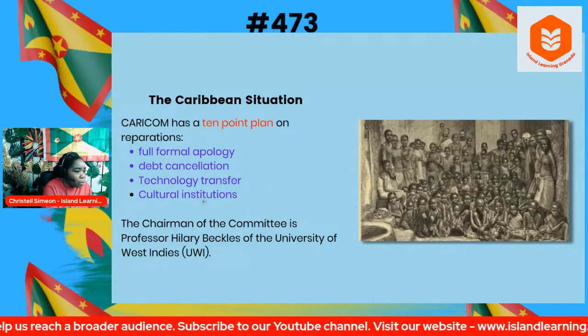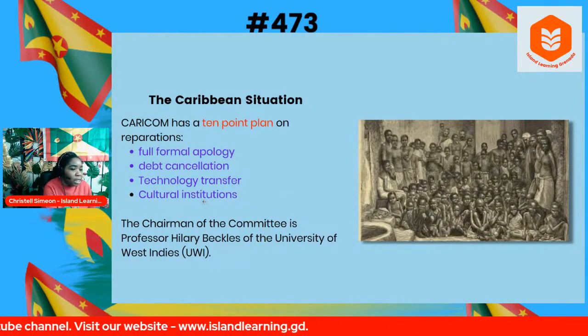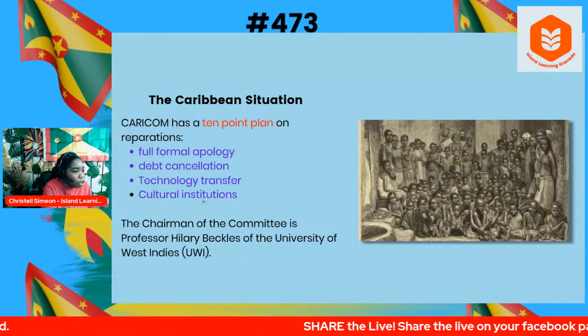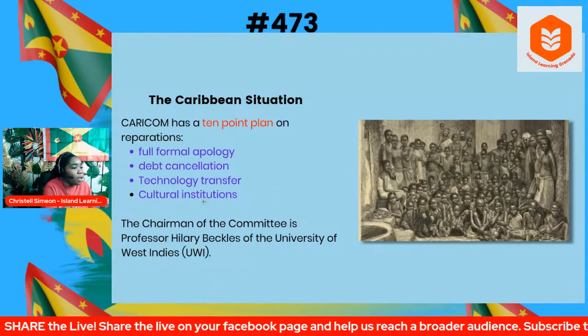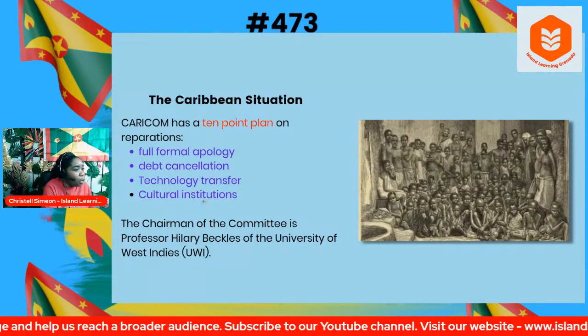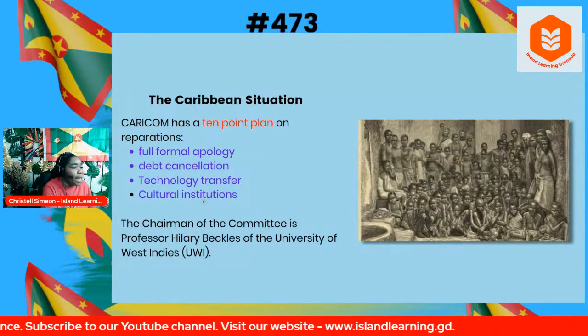And then the last one I'm going to highlight here is cultural institutions. So supporting the establishment of cultural institutions, whether it is a museum that will focus on educating people on slavery, right? But some kind of establishment of cultural institutions that would be paid for by the colonial powers and established across the Caribbean islands.